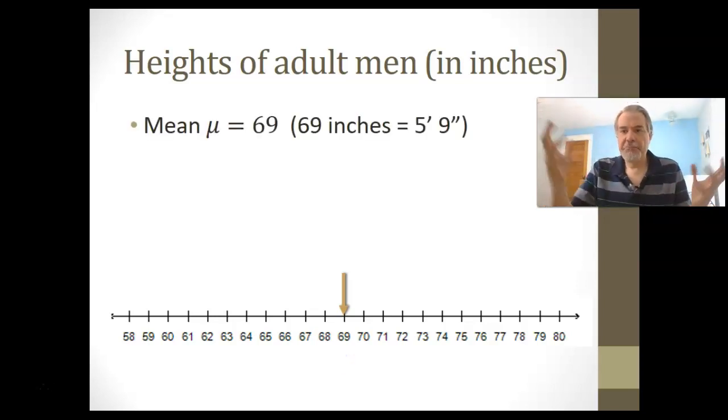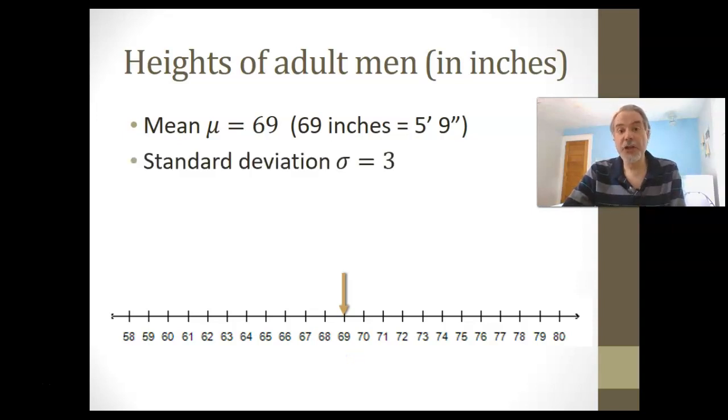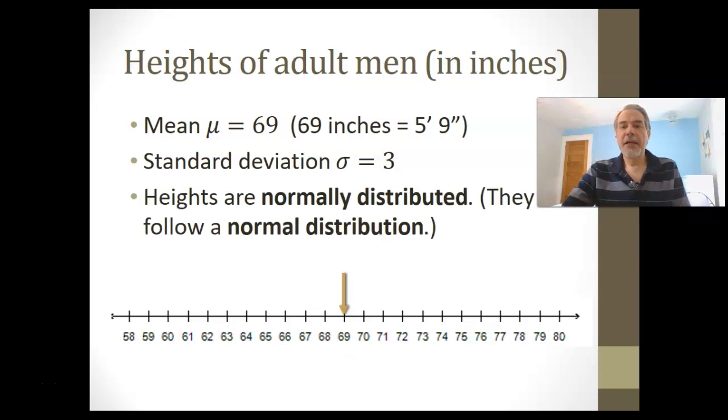So, at least according to what I've found online, the mean or average height of adult men in the United States is 69 inches, which would be 5 feet and 9 inches tall. And the standard deviation is 3 inches, and heights are normally distributed. That is, they follow a normal distribution, and I'm going to try to explain what that means.